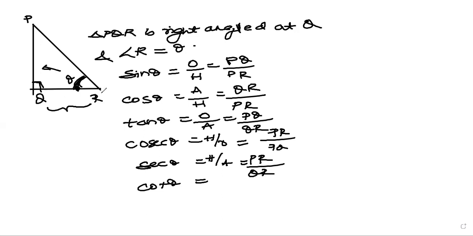QR is the adjacent side of theta. Cot theta is adjacent upon opposite, the reciprocal of tan. Tan is O upon A, so cot should be A upon O. The adjacent side of theta is QR and the opposite side is PQ.